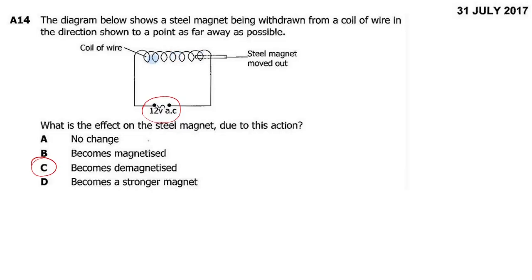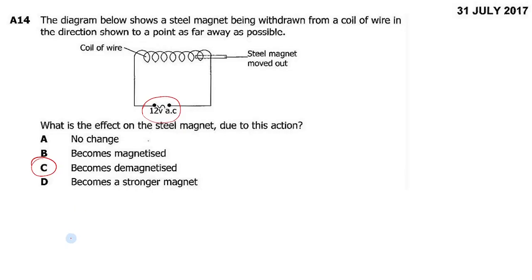When you put them in a solenoid connected to the AC, they will become demagnetized. The diagram says the steel magnet is being withdrawn from the coil, so they are removing it, meaning it was there.